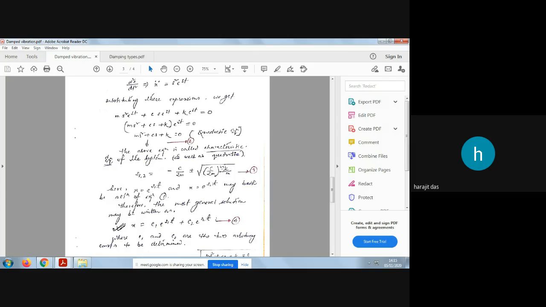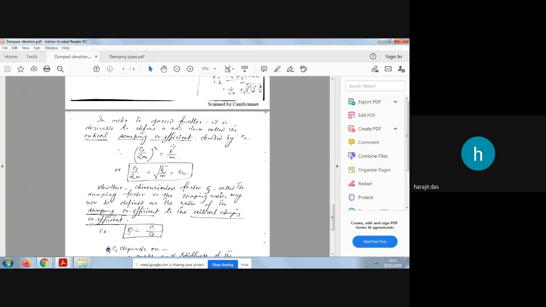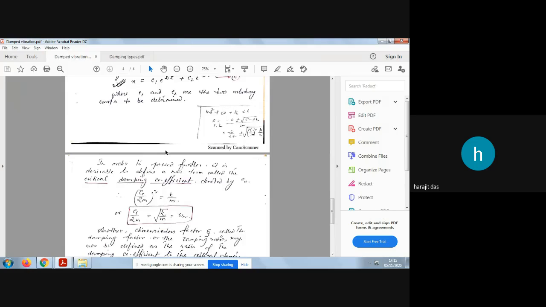So what we will be doing, we will be writing one equivalent terminology which will be equivalent to this k by m. How can it be written?